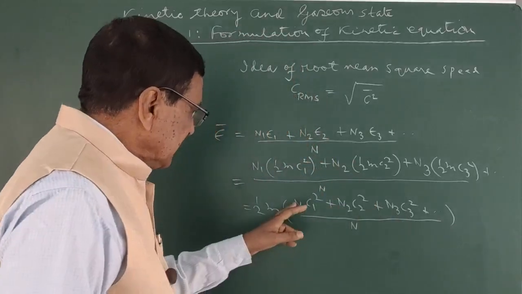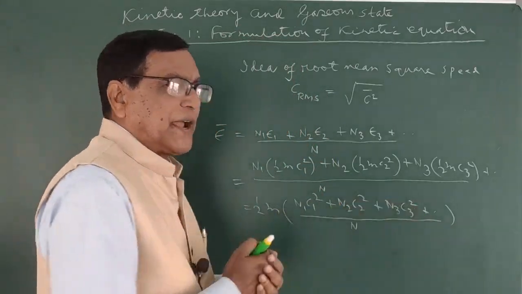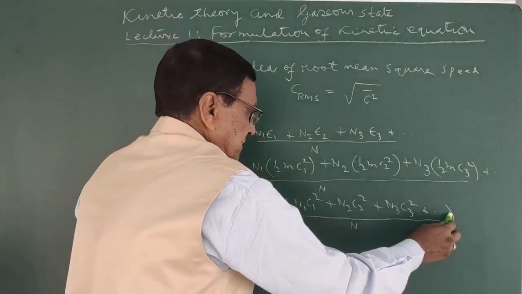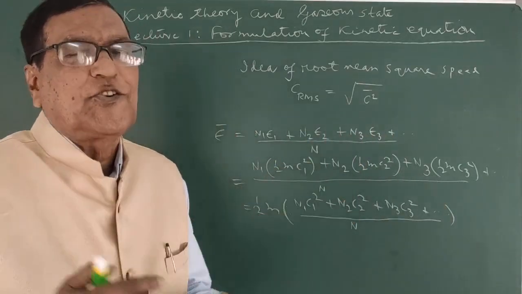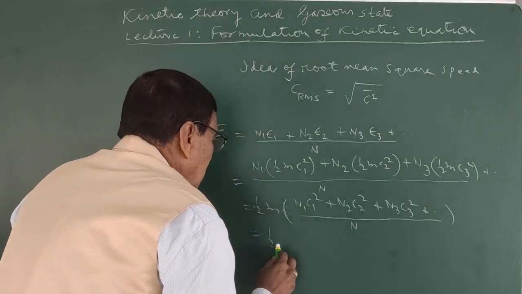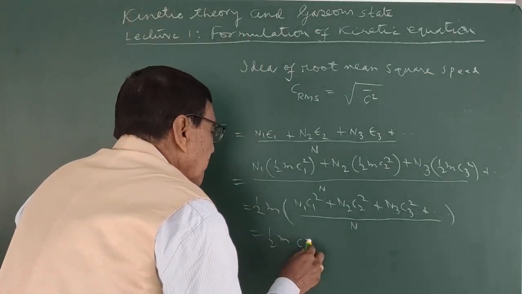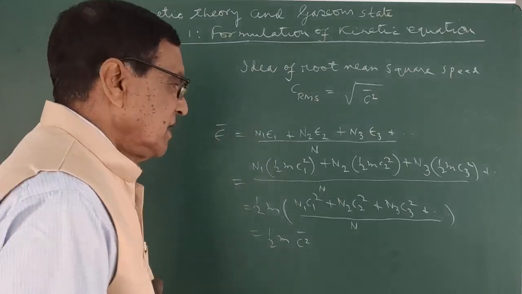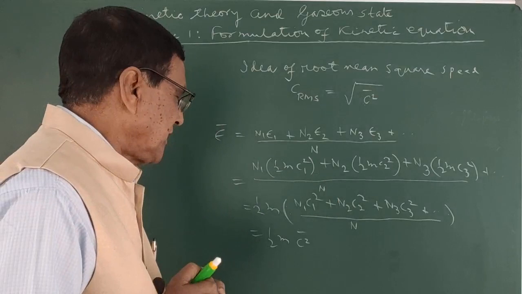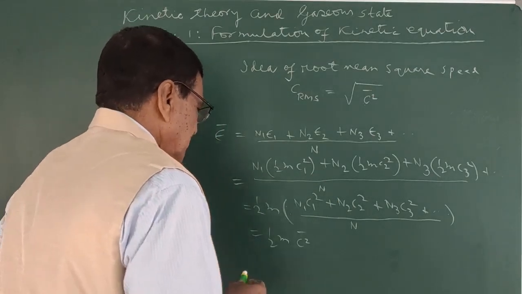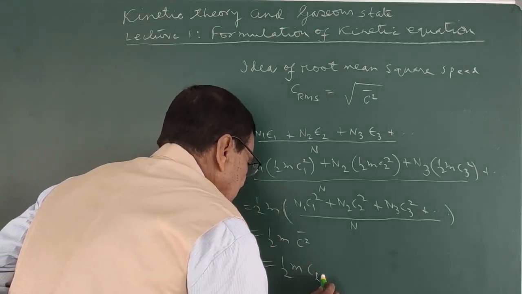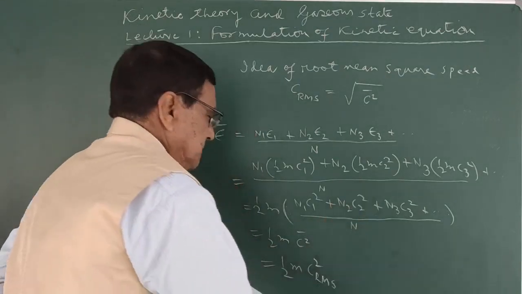And this term within the bracket is called the mean square velocity. And that we can write as half m C square bar. Mean square velocity, mean square speed. Or we can write half m C RMS square.